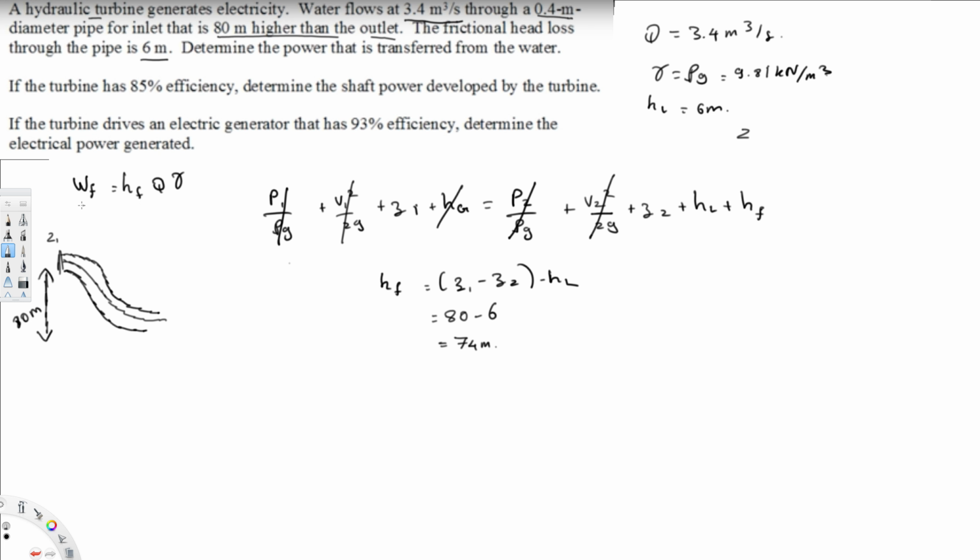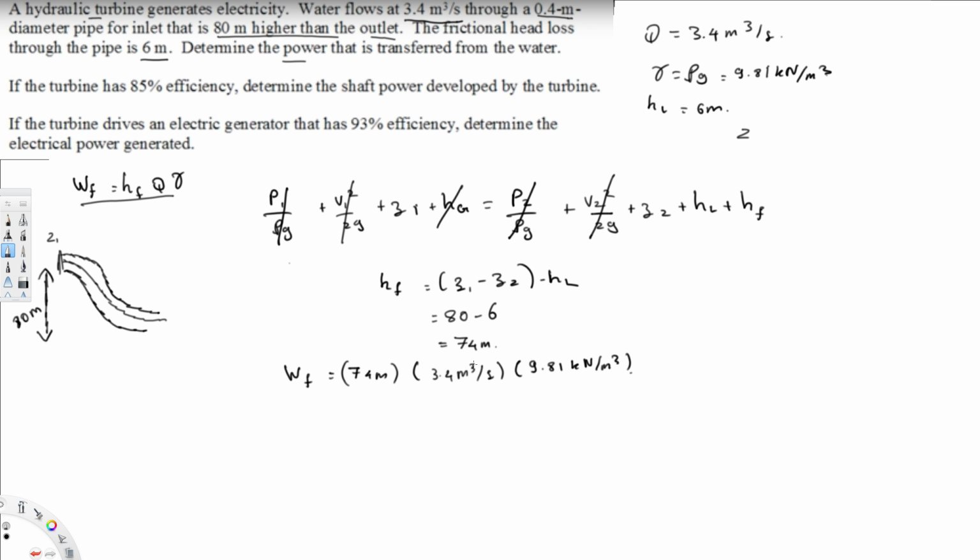Now we can calculate this power, right? So power is going to be equal to HF, that is 74 meter, multiplied by this Q right here, that is 3.4 meter cube per second, that's volume flow rate, multiplied by gamma, that is 9.81 kilonewton per meter cube for water.